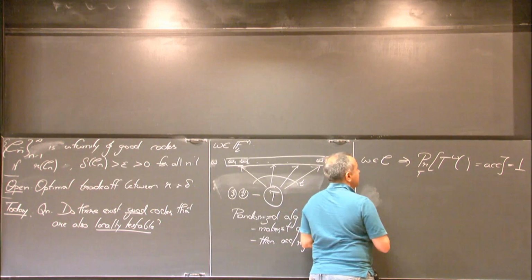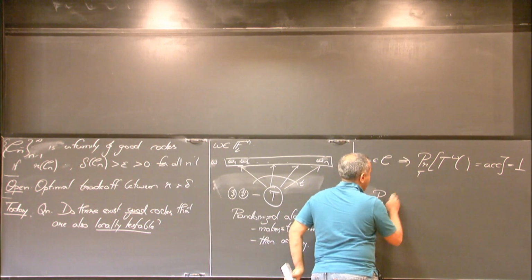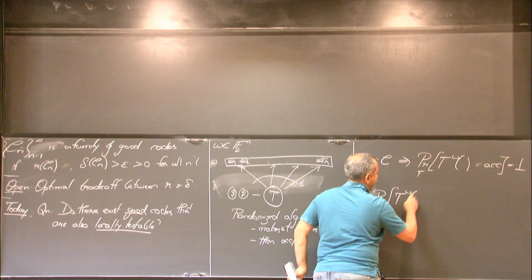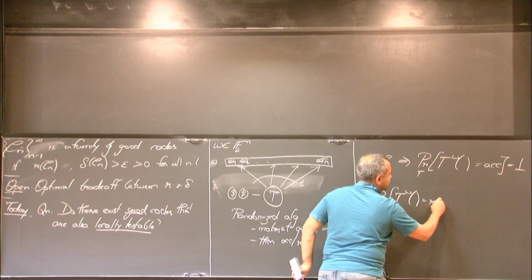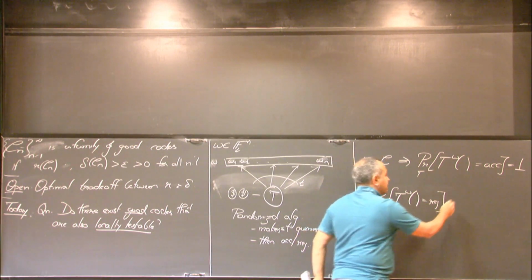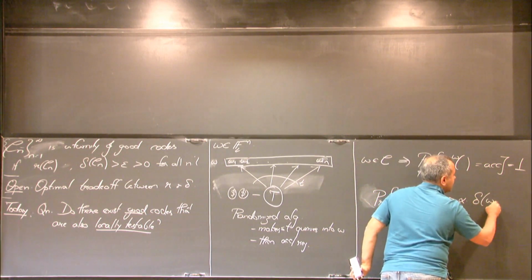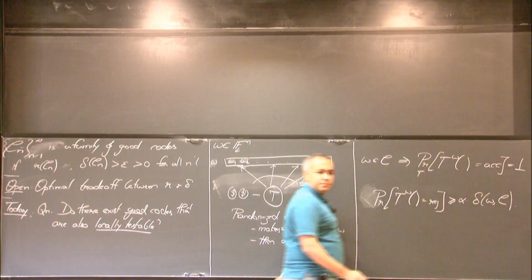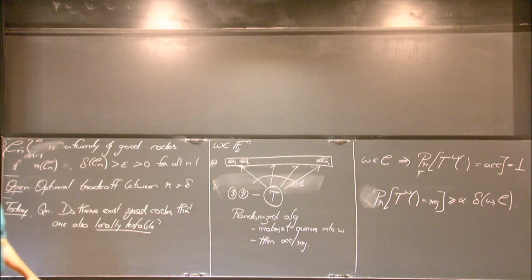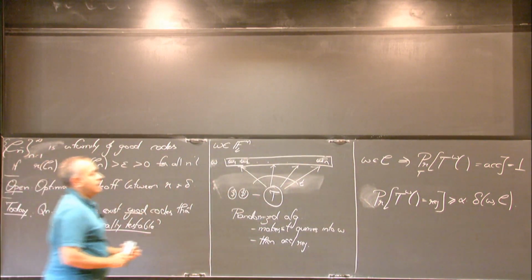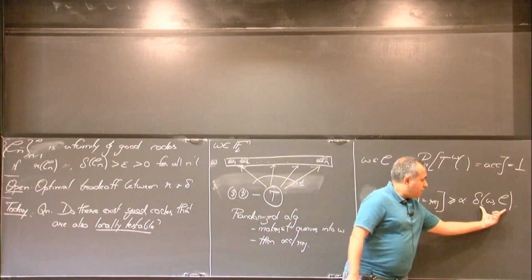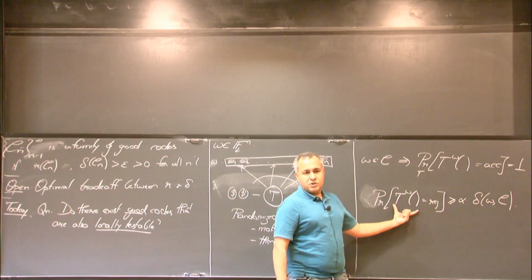So the probability that the tester rejects should be at least some alpha times the distance of W to the code. Things that are further away from the code should be rejected with larger and larger probability.